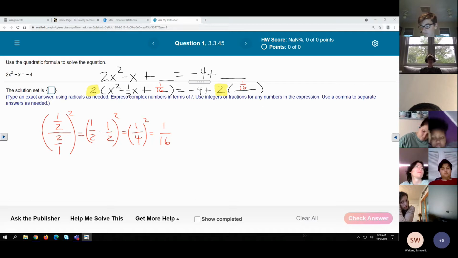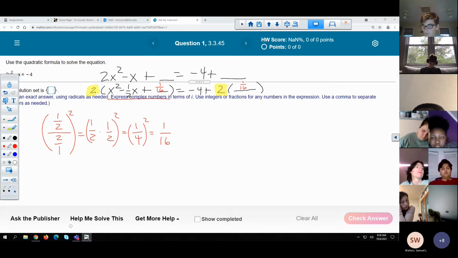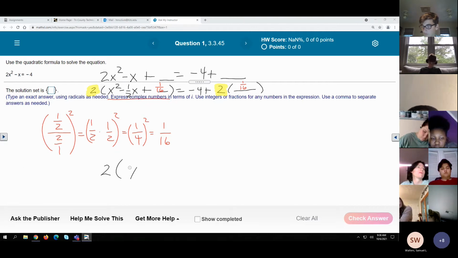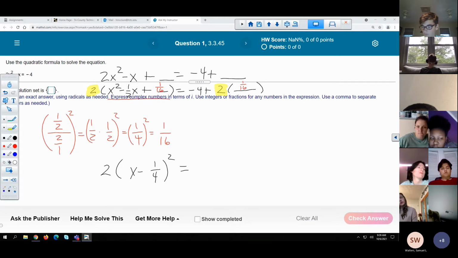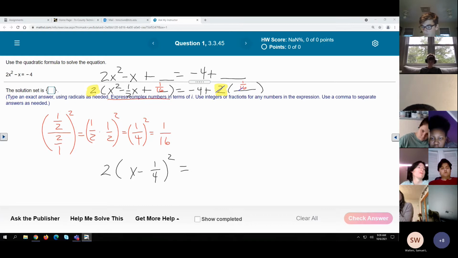And that's going to give you shortcut number 2 right here, which is going to be 2 times x minus 1/4 quantity squared is equal to, don't forget the 2, we'll take out that 16 and make that an 8. So this is 1/8, and we're going to change this into what? 32/8.